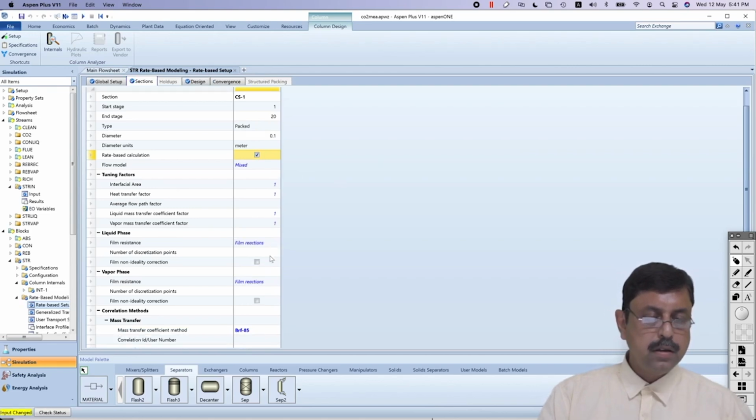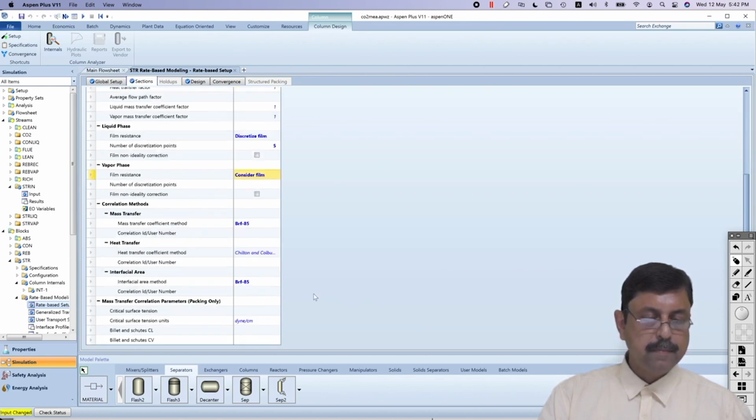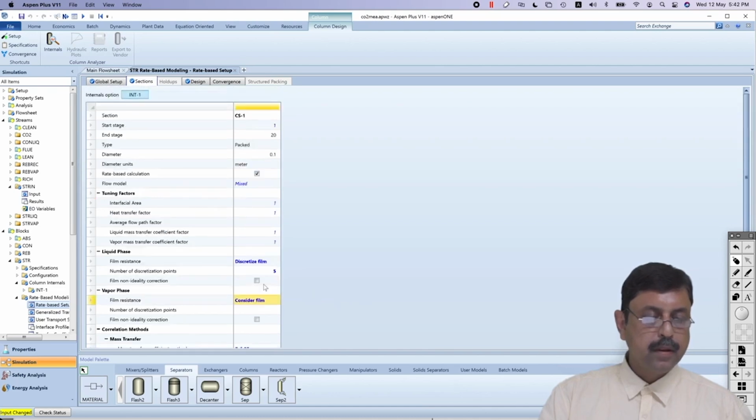And then it will be discretized, the liquid film, with 5 discretization points. We'll consider the vapor phase film. Okay, it is done.